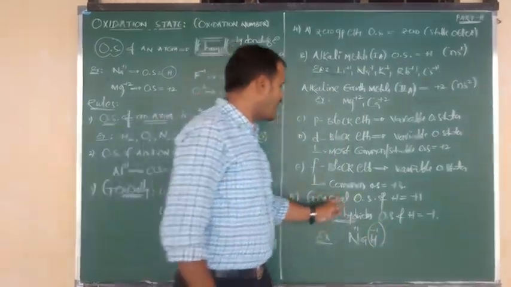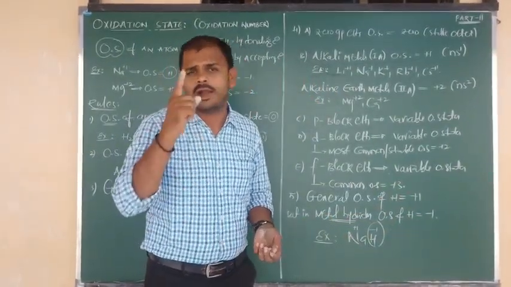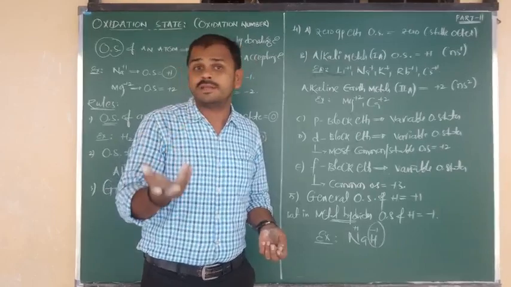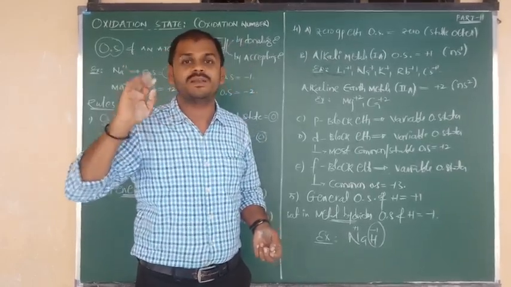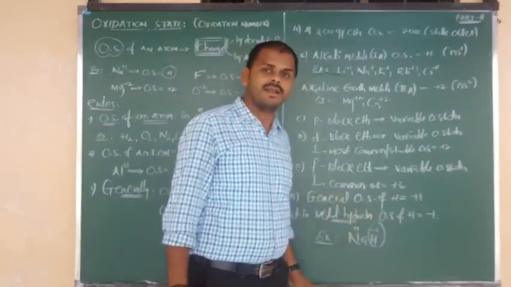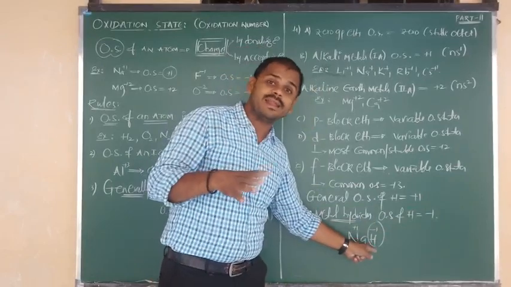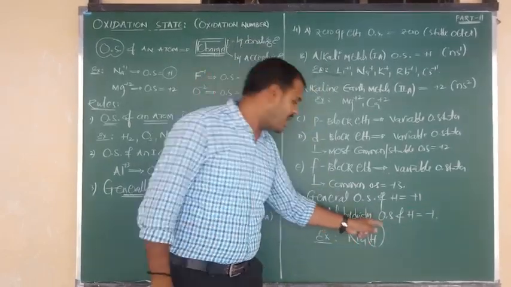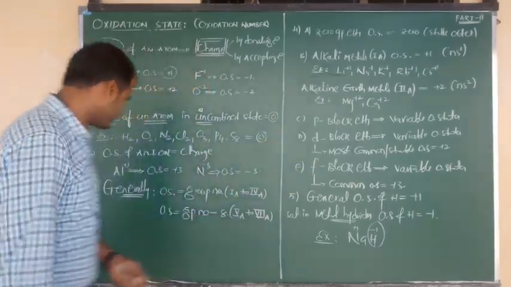But generally hydrogen contains +1: in water, in methane, whatever it may be, hydrogen is +1. Only in metal hydrides, hydrogen contains -1. Example is sodium hydride: sodium +1 and hydrogen -1. I hope you understand.